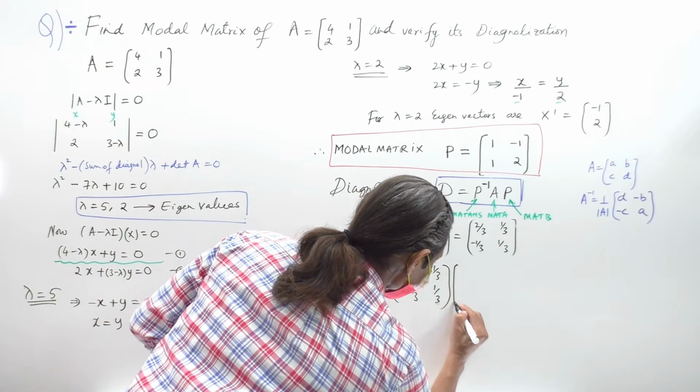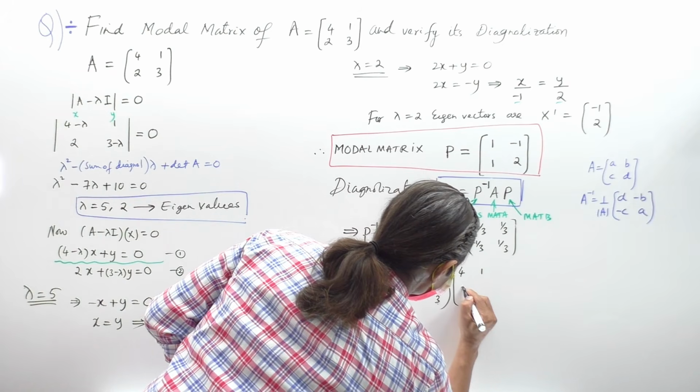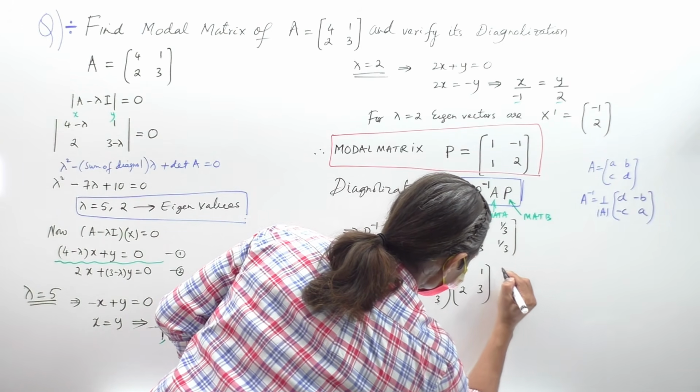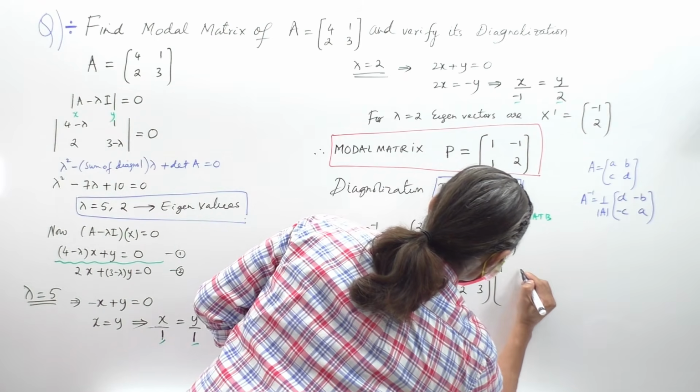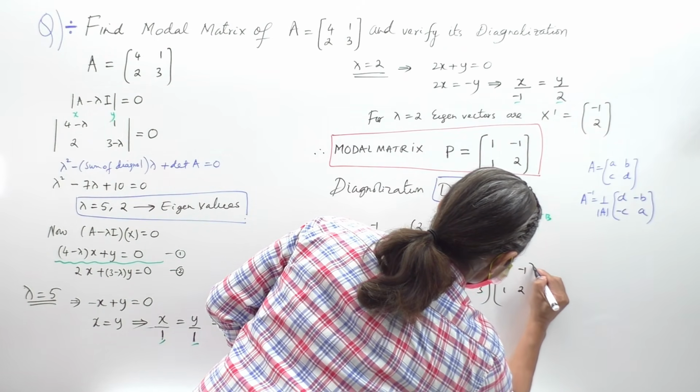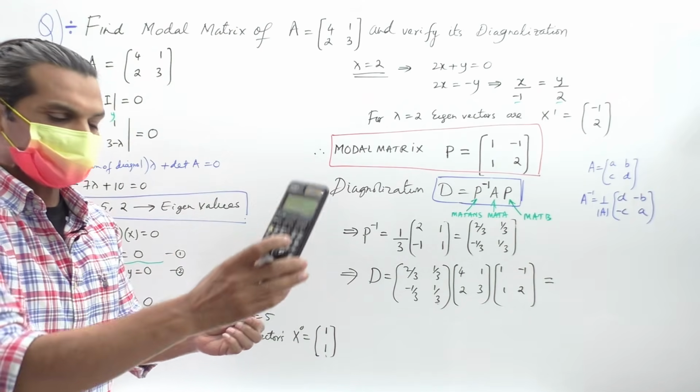A is 4, 1, 2, 3, into P, which is 1, minus 1, 1, 2. There is no need to multiply again because everything is stored in the calculator.